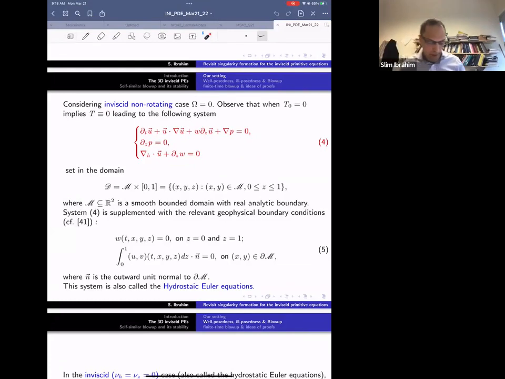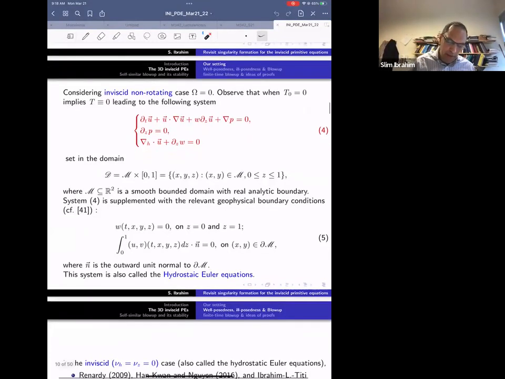Now we supplement this inviscid primitive equations with the physical conditions. The vertical velocity is 0 on the top and at the bottom of the domain, Z equals 0 and Z equals 1.